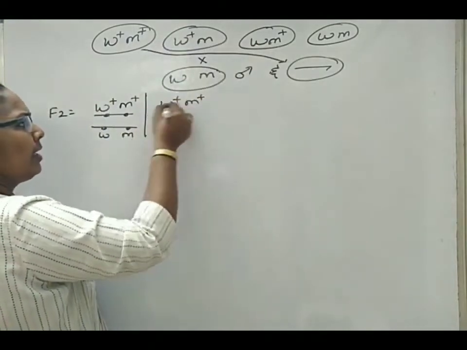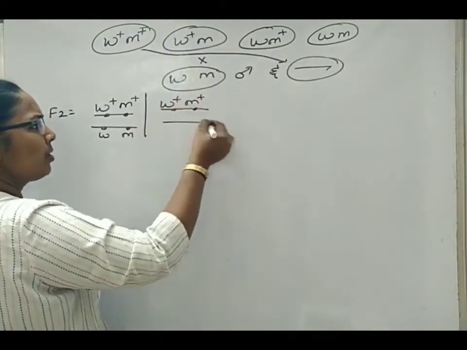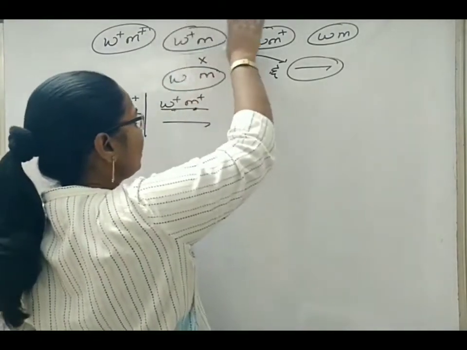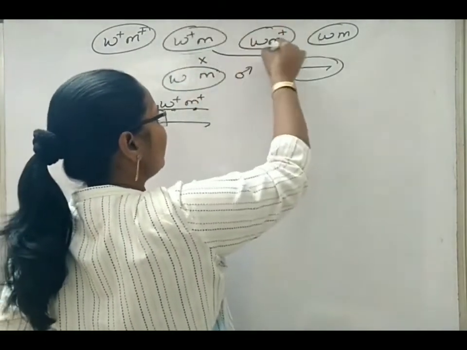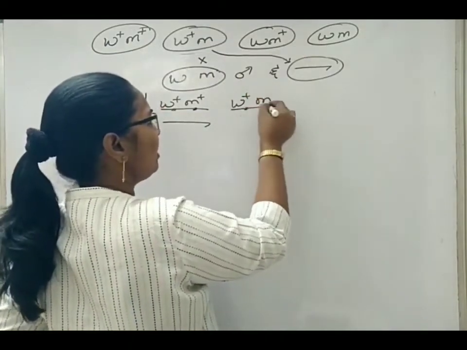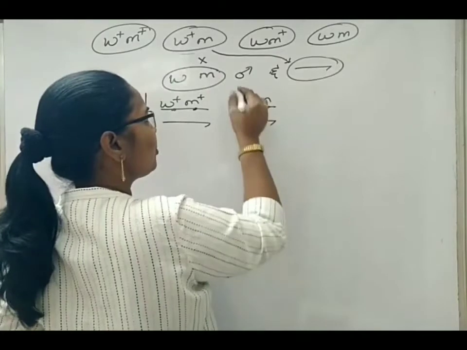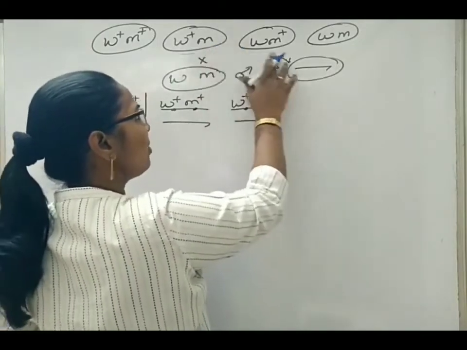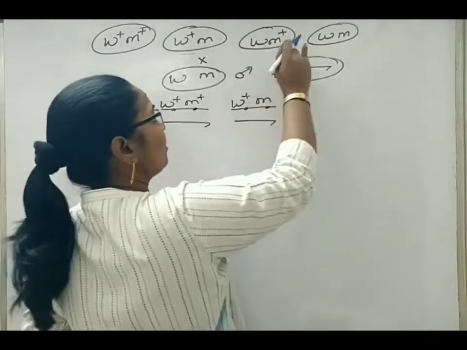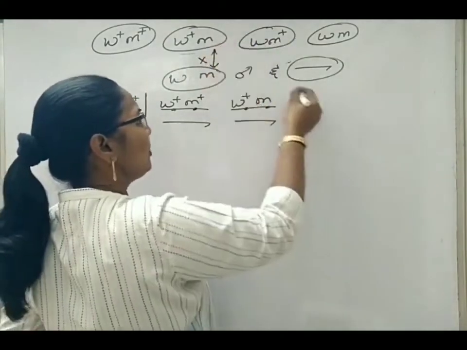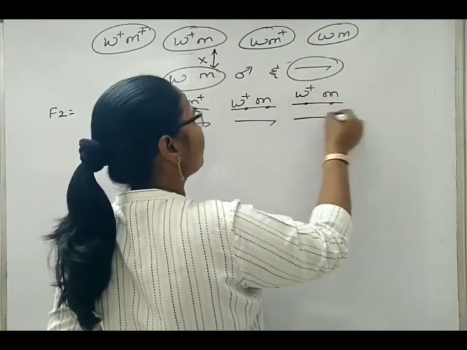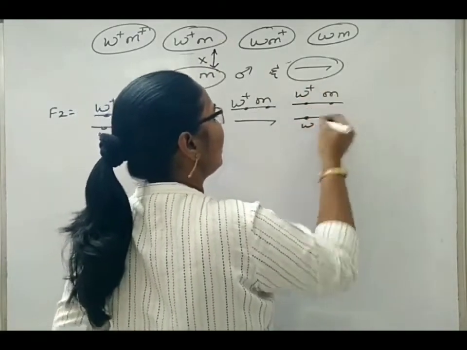Next, let's cross this one with the Y chromosome. So 2 dominant alleles of the X chromosome cross with male. Now, let's do another type of cross, that is one dominant allele, one recessive allele with that of the Y chromosome. So we have got a special type of recombinant here. Now, let's cross this one with a purely recessive form of alleles. So it can be like this.